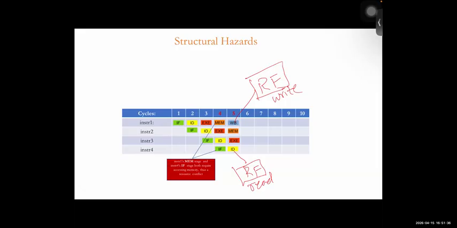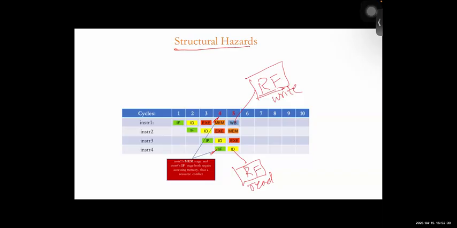So the same hardware component is accessed by instruction 1 and instruction 4 in the same cycle. This problem we call the register file read-write structural hazard. And here is the memory access read-write structural hazard.